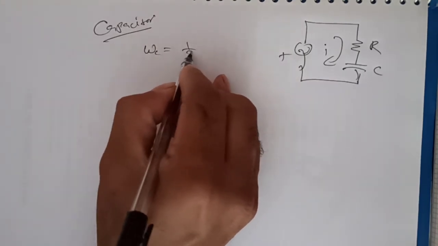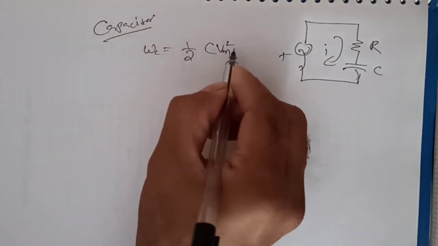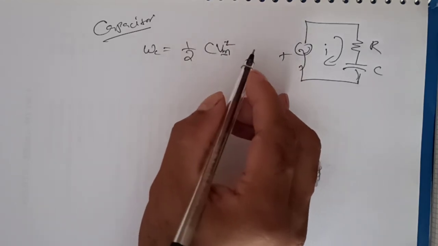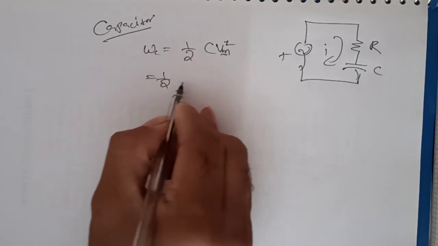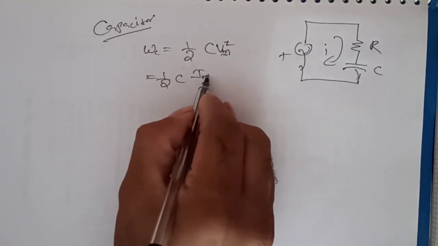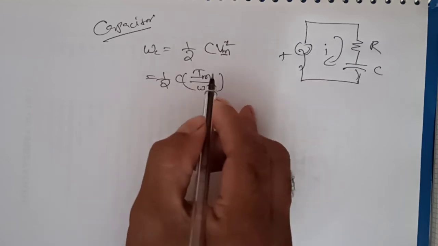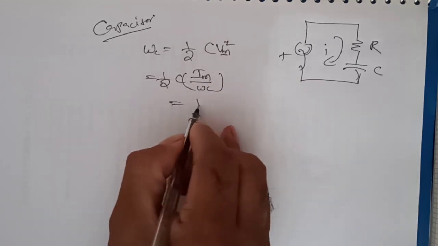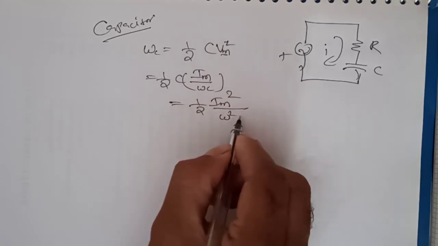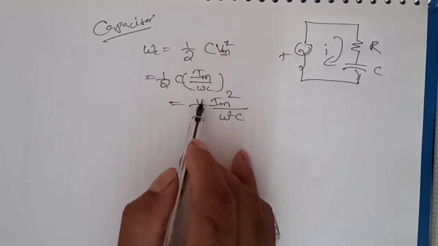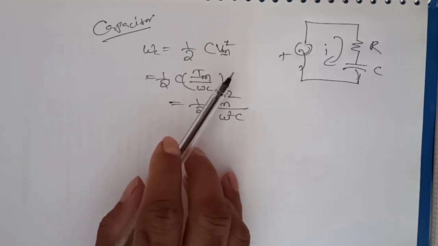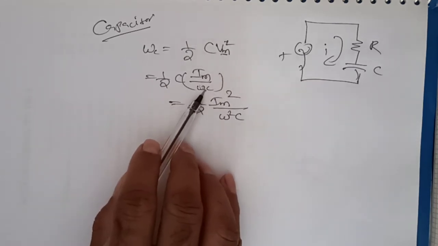It is 1 by 2 C V squared, where instead of V we take Vm, the peak voltage. In terms of current, we get 1 by 2 into Im squared by omega squared C, where V equals I into X and X equals 1 by omega C.